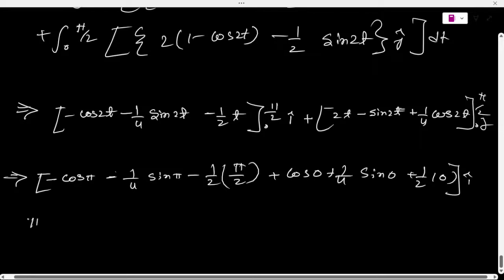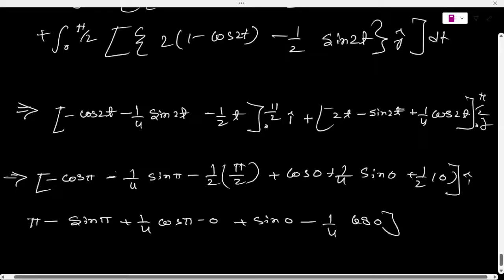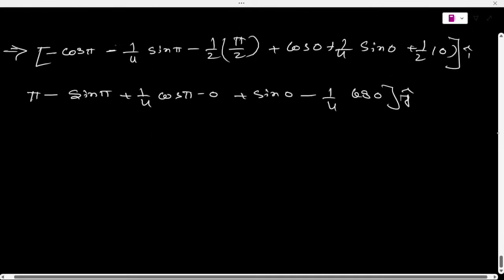So pi minus sin pi plus 1 by 4 cos pi minus 0 plus sin 0 minus 1 by 4 cos 0. This will be j.